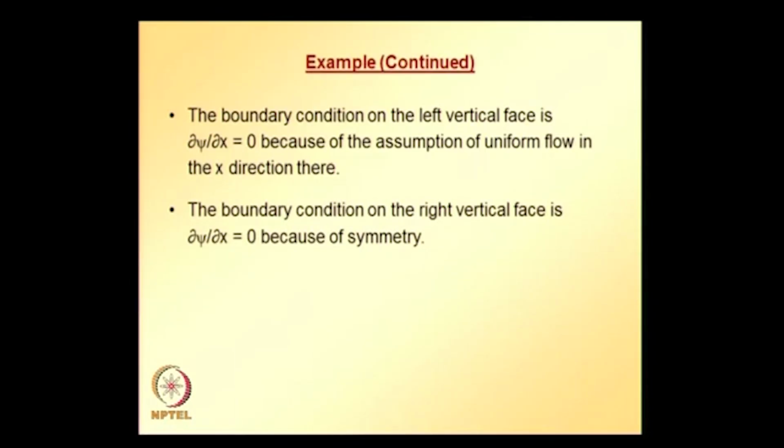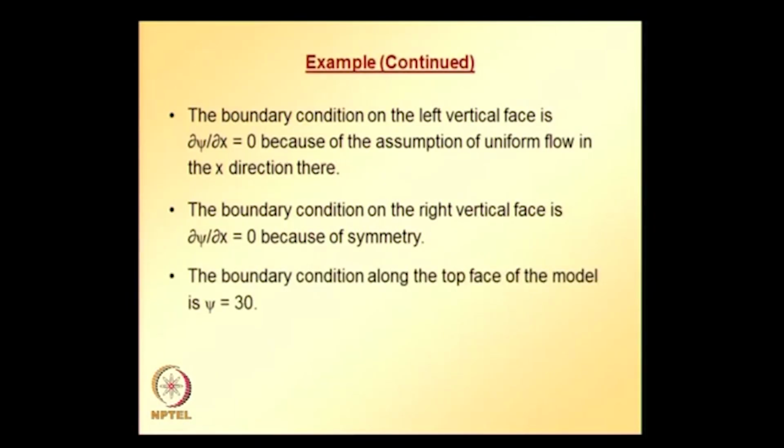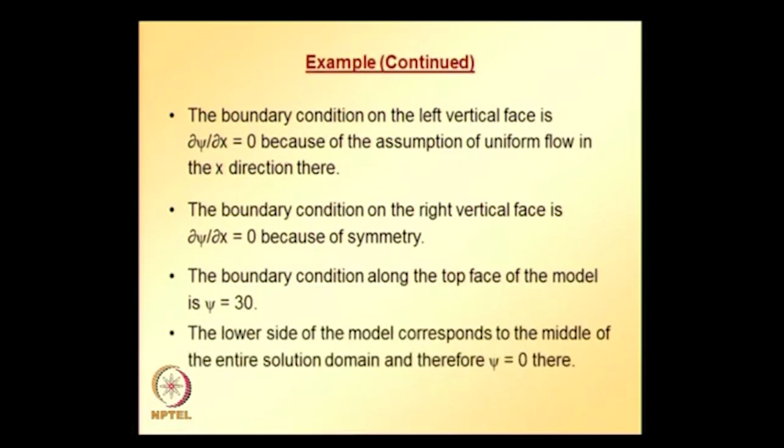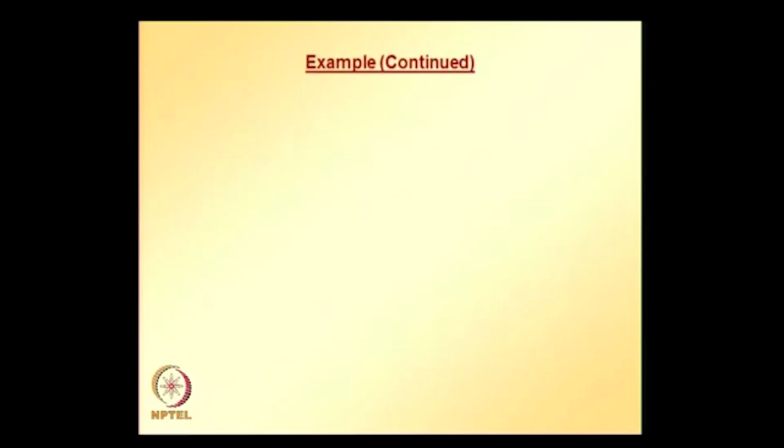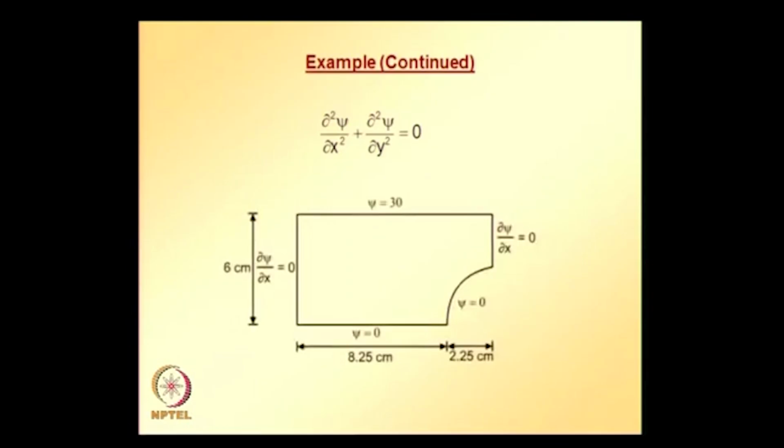The boundary condition on the right vertical face is that the partial derivative of stream function with respect to x is equal to 0 because of symmetry, and along the top face of the model psi is equal to 30. The lower side of the model corresponds to the middle of the entire solution domain, so the stream function is equal to 0 there. So, these are the boundary conditions, and that is the problem statement.